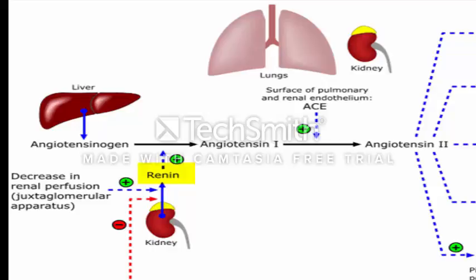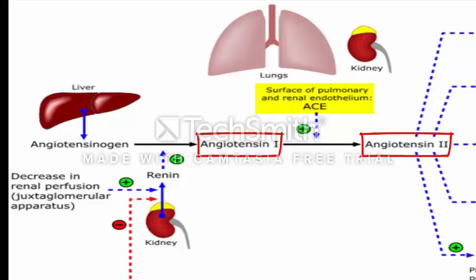Renin acts upon a large plasma protein in the blood called angiotensinogen and removes a small fragment called angiotensin I. This then travels to the lungs, where a second enzyme called angiotensin converting enzyme, or ACE, within the pulmonary capillaries converts angiotensin I into the active hormone angiotensin II.